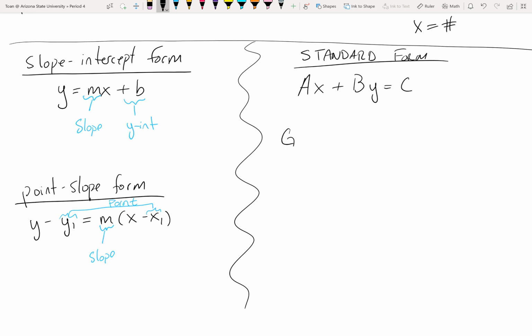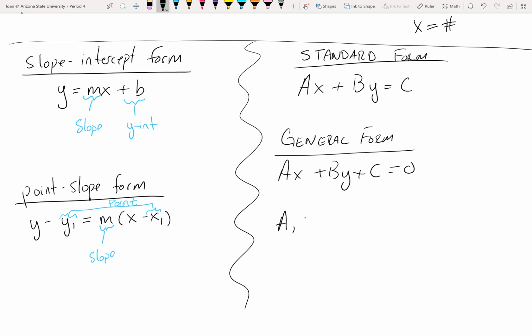There's also general form, which is closely related. They have everything on one side and 0 on the other. So these look like ax plus by plus c equals 0. In either standard or general form, it is important that the coefficients a and b and the constant c are all integers. That is to say, positive and negative whole numbers.